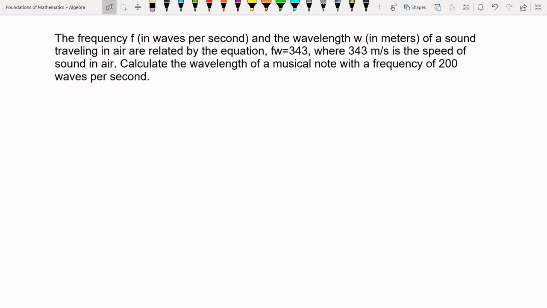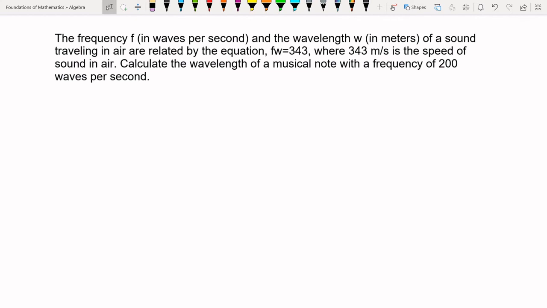Calculate the wavelength of a musical note with frequency of 200 waves per second. So typically frequency is in the unit called hertz, and hertz is the same thing as, think of it as, waves per second. Waves doesn't really have a measurement. It's kind of like a unitless thing, but the per second is what gives us the hertz.